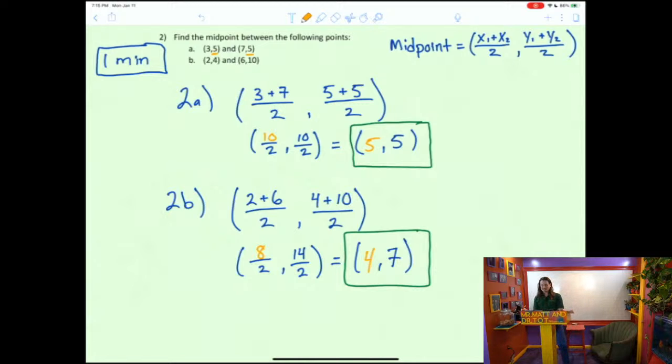So 2 plus 6 is 8, and 8 divided by 2 is 4. If we take the average of the y-coordinates, 4 plus 10 is 14, divided by 2, which is 7. So the answer to 2a was 5 comma 5, and the answer to 2b was 4 comma 7.